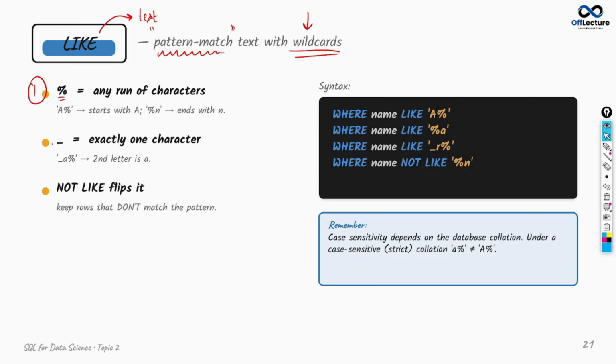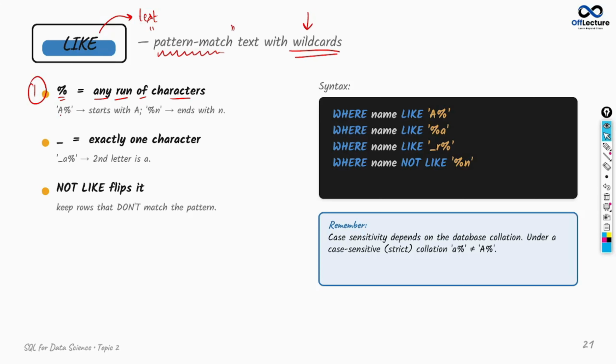The first wildcard is the percent sign. What is it used for? The percent sign matches any number of characters, or any run of characters. As you know, all the text that we need to match should come within single quotes.